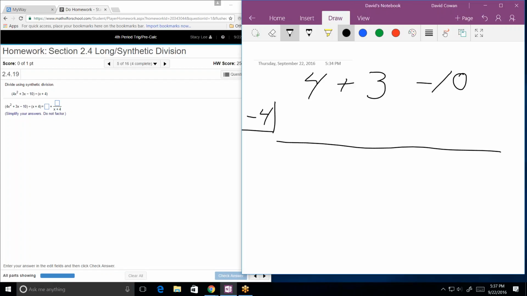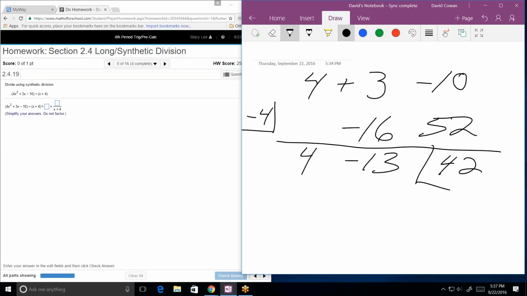And then I'll go ahead and do it. Bring 4 down, minus 16. Now I'm adding. Multiply that. I get 52. I get a remainder of, what do you get for a remainder? 40, wait, do we subtract it? No, yeah, so 42. Adding. 42, that's what I get.